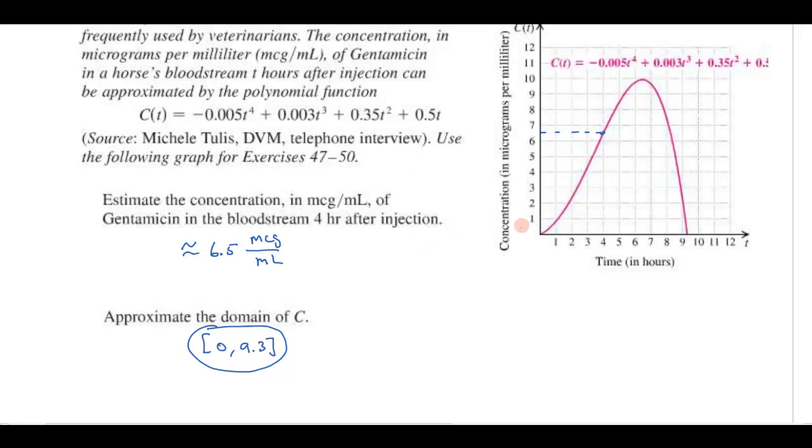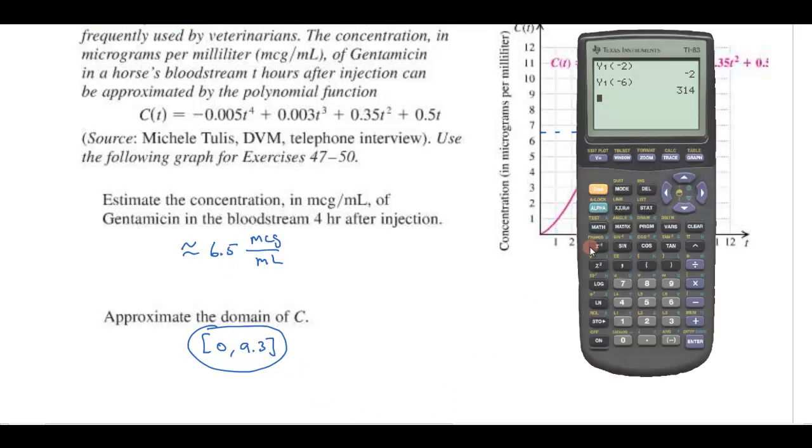The other thing I was just going to point out here is, in theory, if we did this correctly, I should be able to plug the 4 hours into this, right? T is time. If I plug 4 hours into this formula, I should get a value that's close to 6.5. So let me bring my calculator up here.